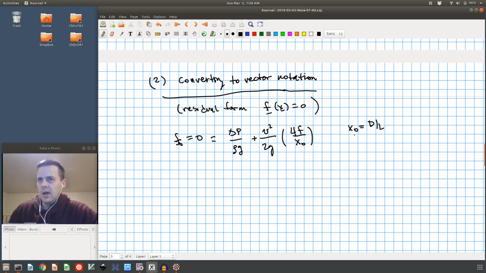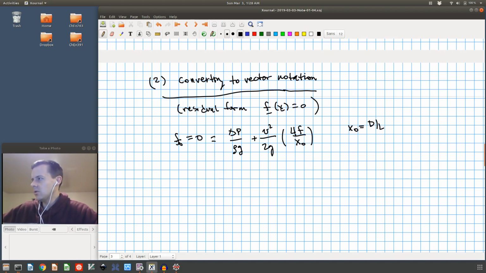So notice x0 is my first variable. All these other things are known. Delta P was known, rho g is known, v, 2g. These are all just going to be numbers, and these are knowns.